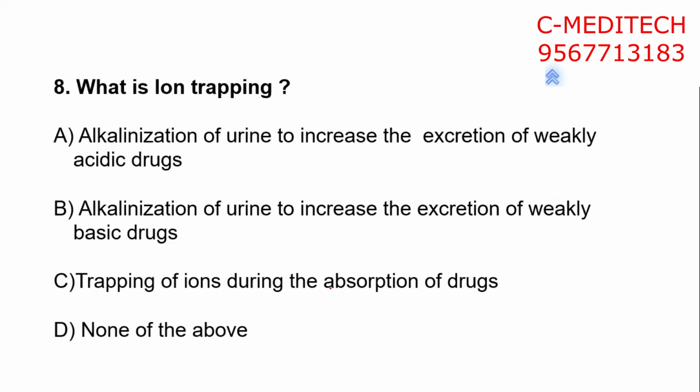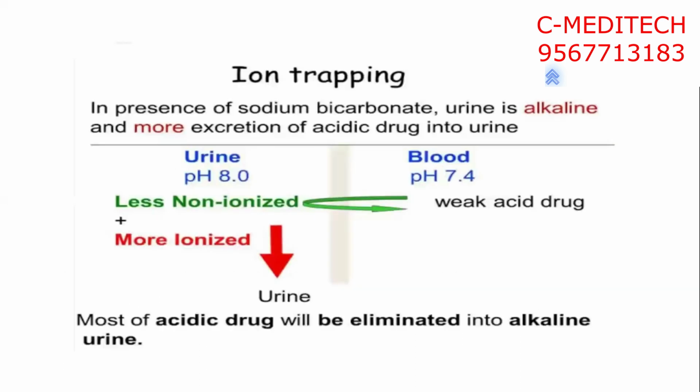And option C, trapping of ions during the absorption of drugs, right? So ion trapping doesn't come with drug absorption. It comes with drug excretion, right? So let's see the explanation now. Ion trapping means the alkalization of urine for increased excretion of weakly acidic drugs into urine.